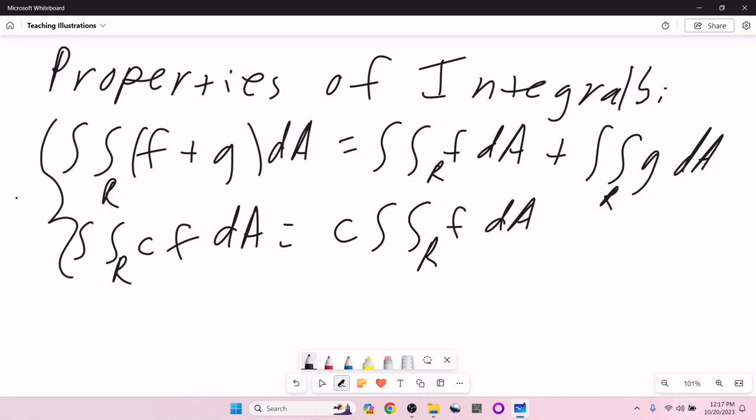Together, these two properties are called linearity. It's saying the double integral is a linear operator, which means you can split sums and you can pull constants out. If you take linear algebra at some point, this will come up all the time, the concept of linear operators. So this is just saying the derivative is a linear operator.